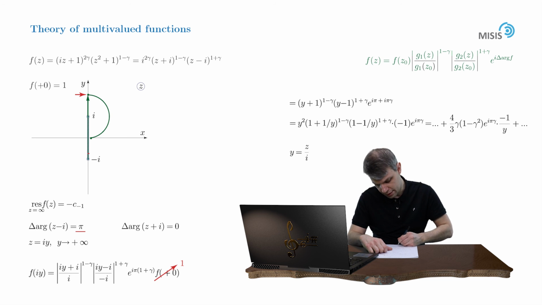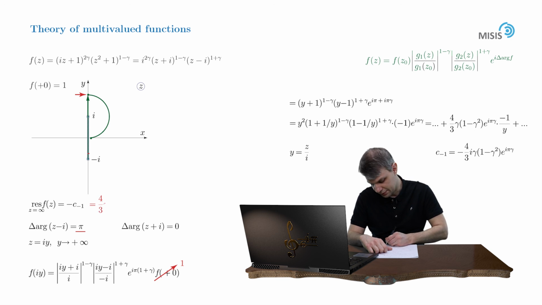And we obtain our c negative 1 coefficient, which is simply minus 4/3 i gamma times (1 minus gamma squared) times e to the i pi gamma. So our residue now is simply 4/3 i gamma (1 minus gamma squared) times e to the i pi gamma.